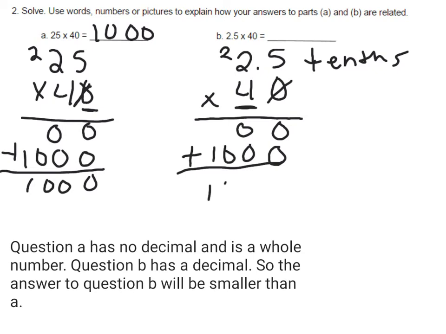So again, I have 1,000, but guess what I need to remember? It's times a tens place, so I need to bring over my decimal 1 place. So think my answer to B is 100. You could even put 100.0. So I've just shown using words and numbers to help explain how my answers are different but related.